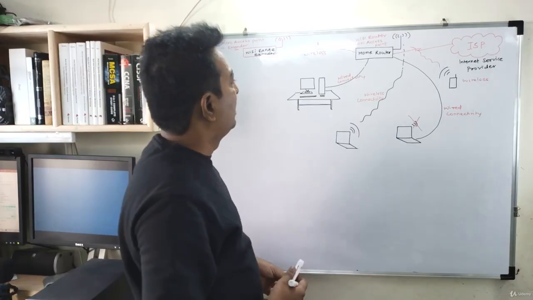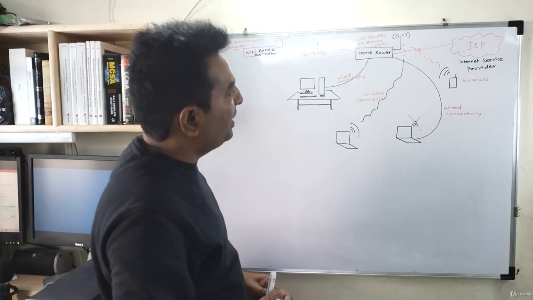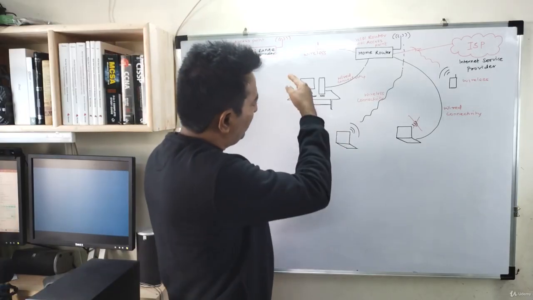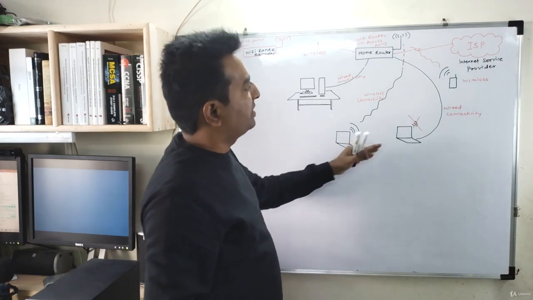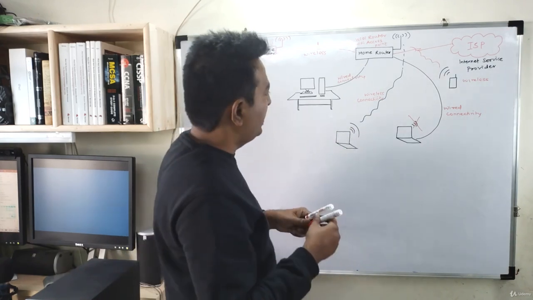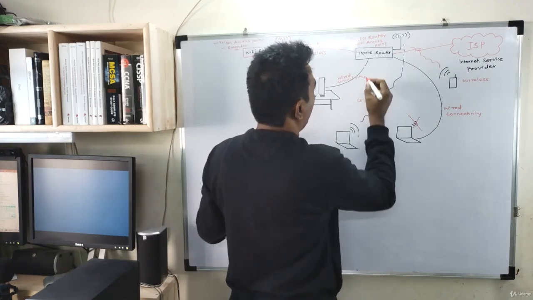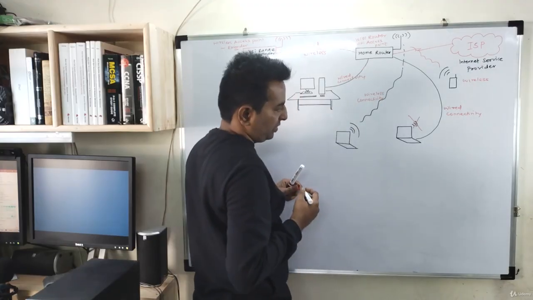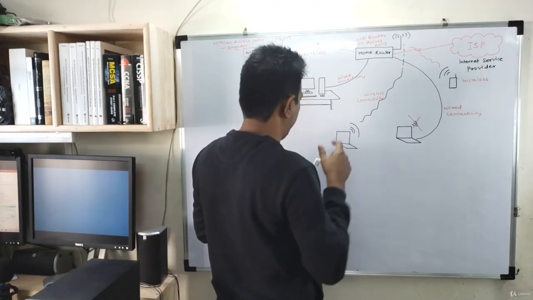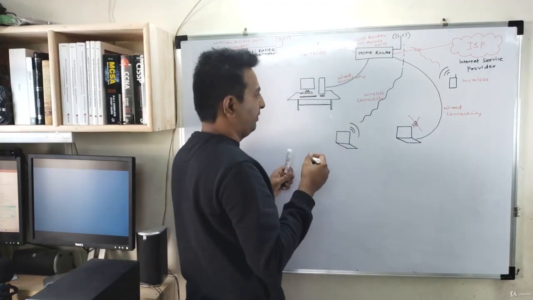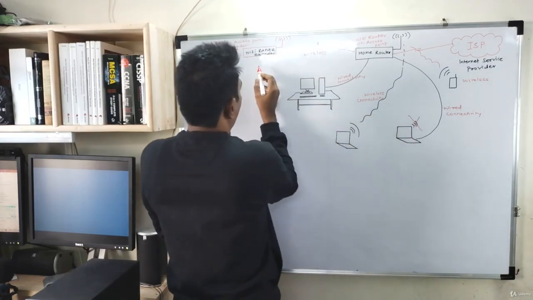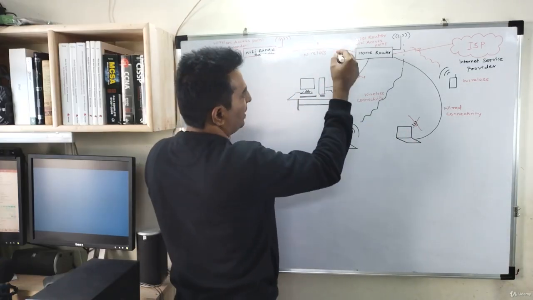Now in this case, to establish communication between all these devices, we need to set up IP addresses. So how do we establish connectivity? This is the physical connectivity.